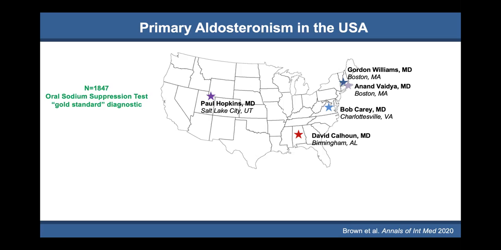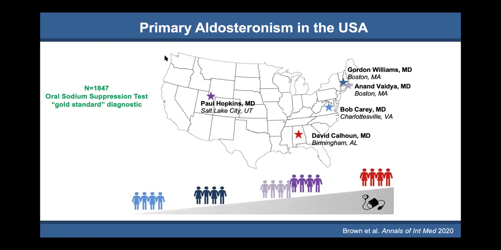And the degree of that lack of aldosterone suppression reflects some spectrum of primary aldosteronism. And we included participants who had normal blood pressure, who had high blood pressure, and who even had resistant hypertension. So in other words, the participants who completed this oral sodium suppression test represented the entire spectrum of human hypertension.